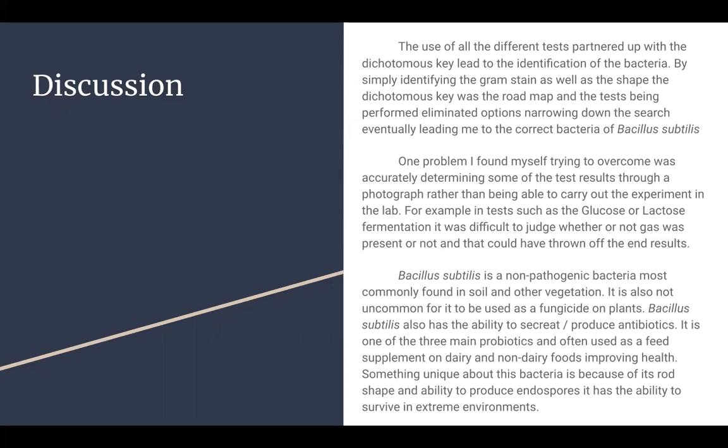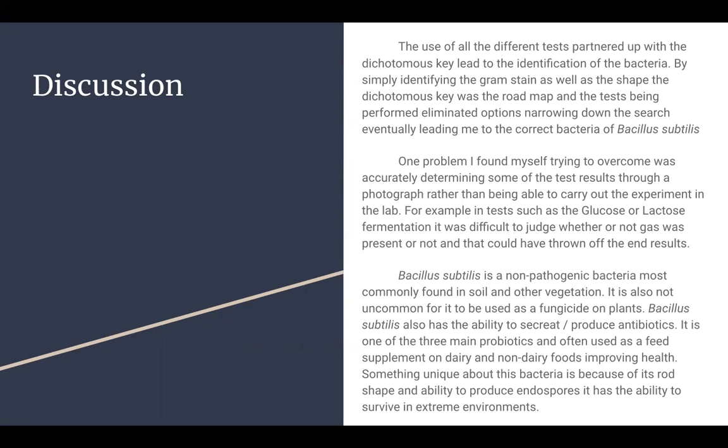One problem I found myself dealing with was that, obviously, we didn't do this lab in person, and so looking at the results, I just wanted to get a closer look. It was a little difficult, specifically with, let's say, the glucose or the lactose fermentation, to judge whether or not gas was present, and that could have thrown off the entire result. Luckily, I think I was on the right path and I didn't mess that one up.